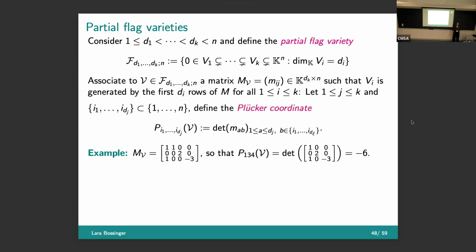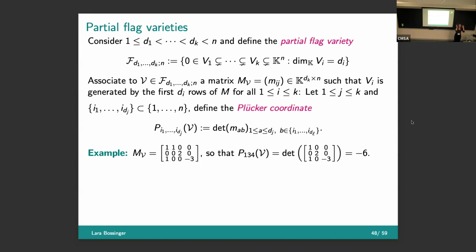Now, very similar to the case of Grassmannians, I can represent points in the partial flag variety by matrices. And now, instead of just choosing one basis for my one vector space as in the Grassmannian, I have to choose bases for every step in the flag. But as my vector spaces are contained in each other, I choose the bases compatibly.